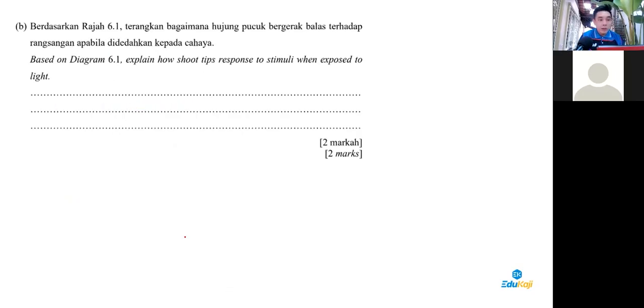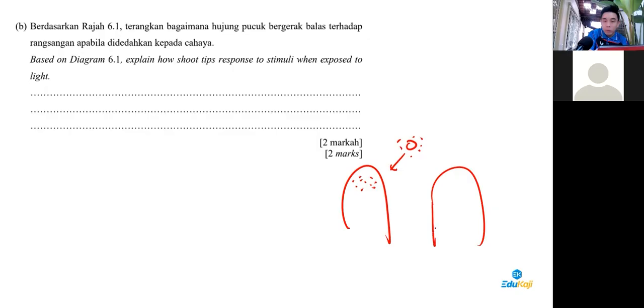And based on diagram 6.1, how should the shoots respond when exposed to light? Now, if you are familiar, auxins, when exposed to light, because they dislike sunlight, will always move to what we call the shaded region.